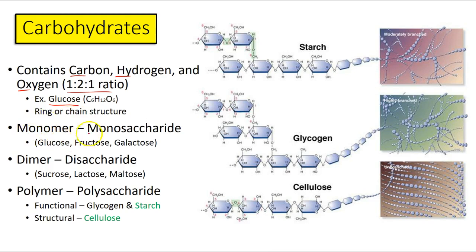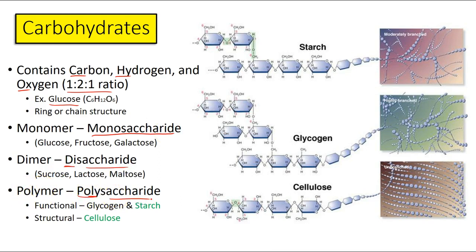The monomer, and this is a new idea that I'm throwing at you in this video. Monomer is the single subunit of a particular molecule. Okay, and so the monomer of carbohydrates is monosaccharide, meaning single sugar. Dimer, di means two, so double sugar, and polymer is multiple sugars.